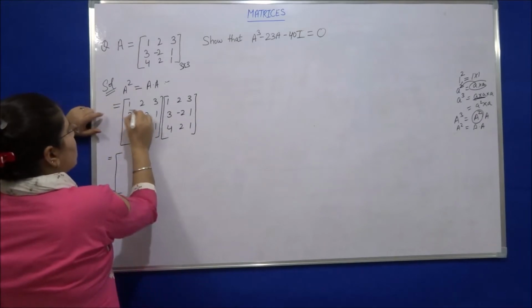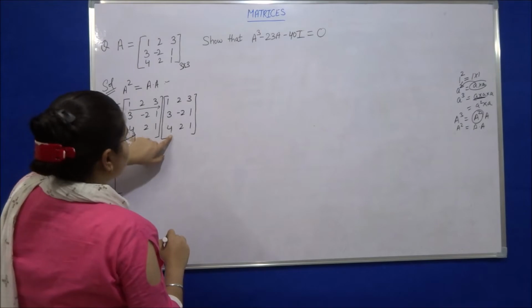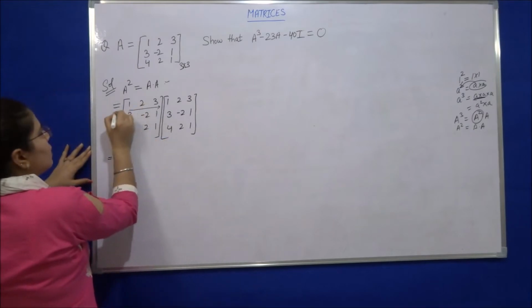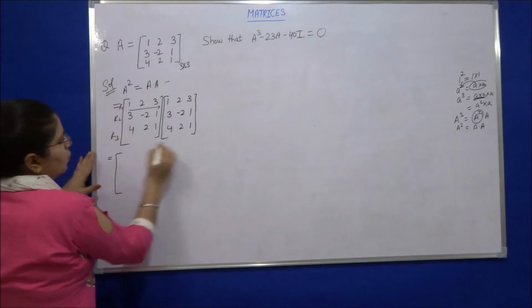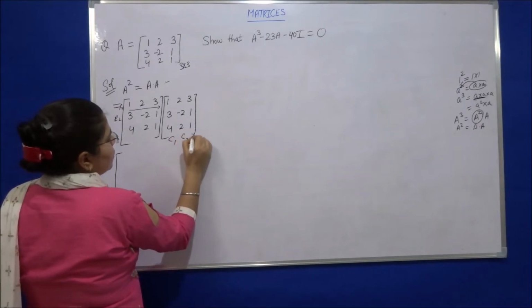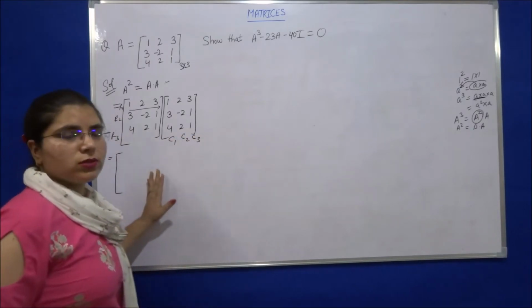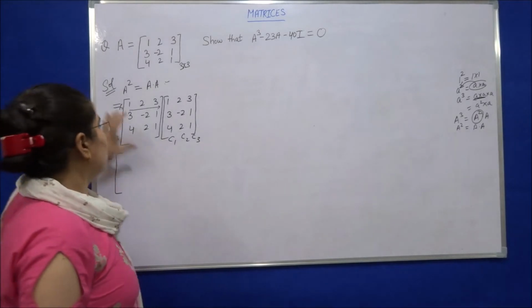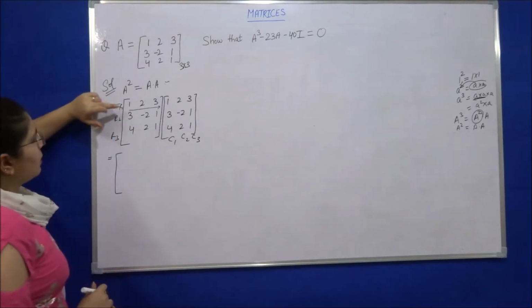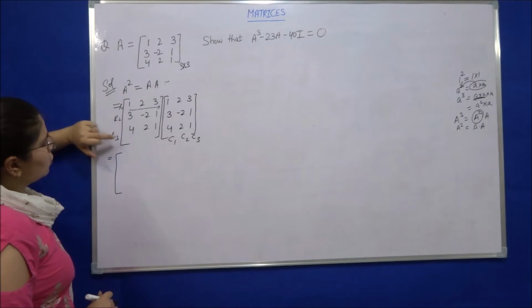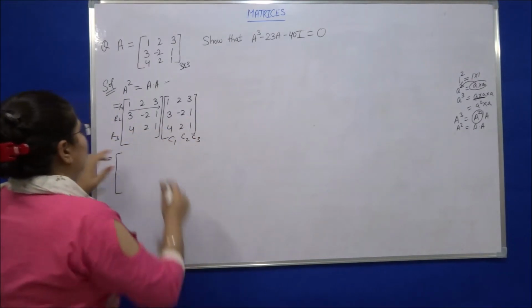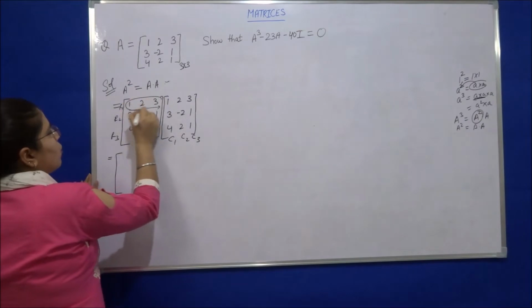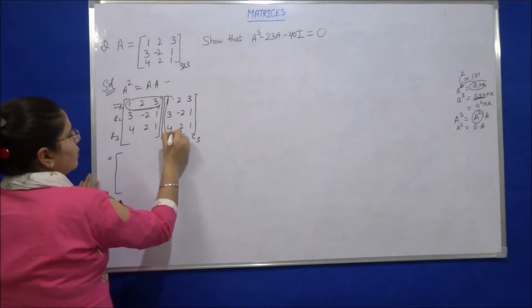First of all, we multiply row 1 with the first column. This is our first row, second row, third row, C1, C2, C3. So students, to avoid confusion, we will assign them as row 1, row 2, row 3, column 1, column 2 and column 3. Now first of all, we multiply row 1 with column 1.